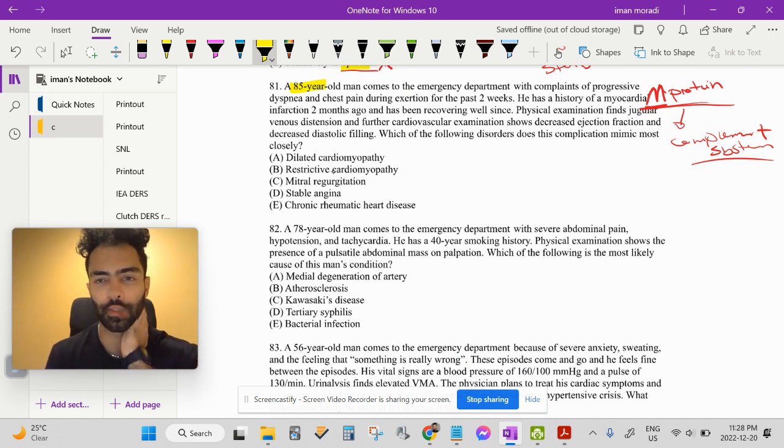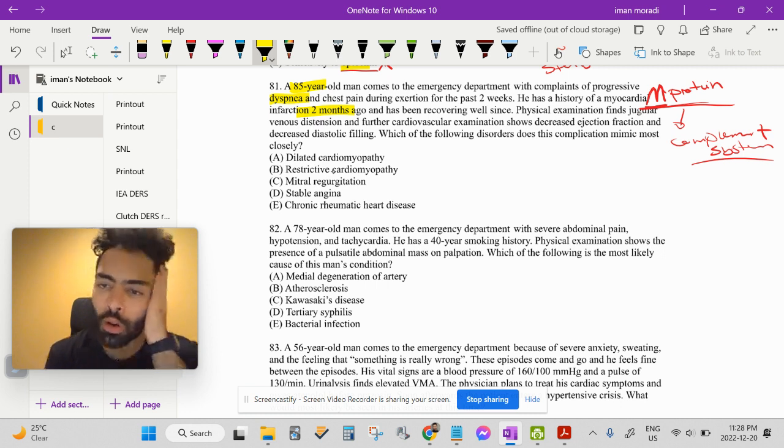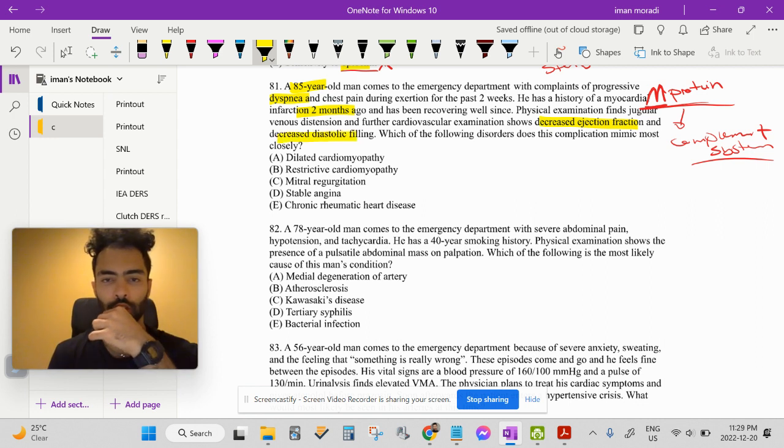An 85-year-old with progressive dyspnea, had an MI 2 months ago, jugular vein distension, decreased ejection fraction, and decreased diastolic filling.